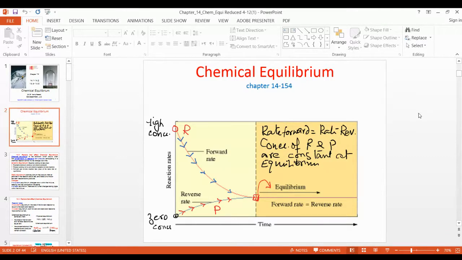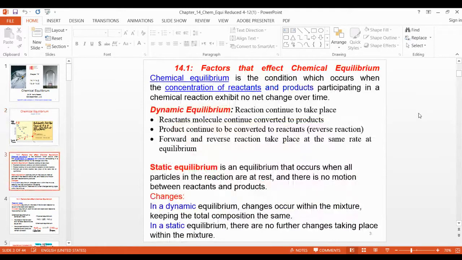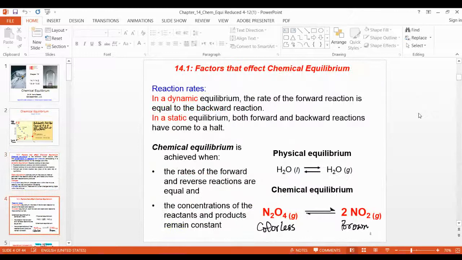The rates of the forward and reverse reactions are the same at equilibrium. Remember that, right? The rate of the forward reaction equals the rate of the reverse reaction. The concentrations of reactants and products are constant at equilibrium. This is only the basic idea about equilibrium status.